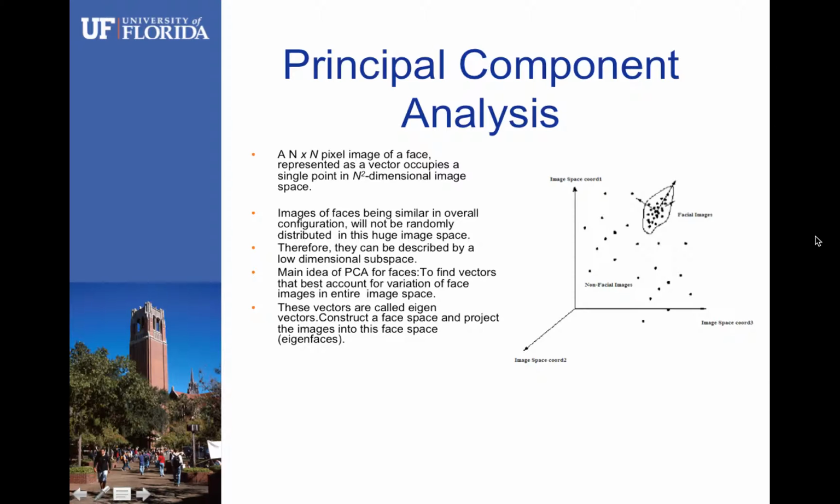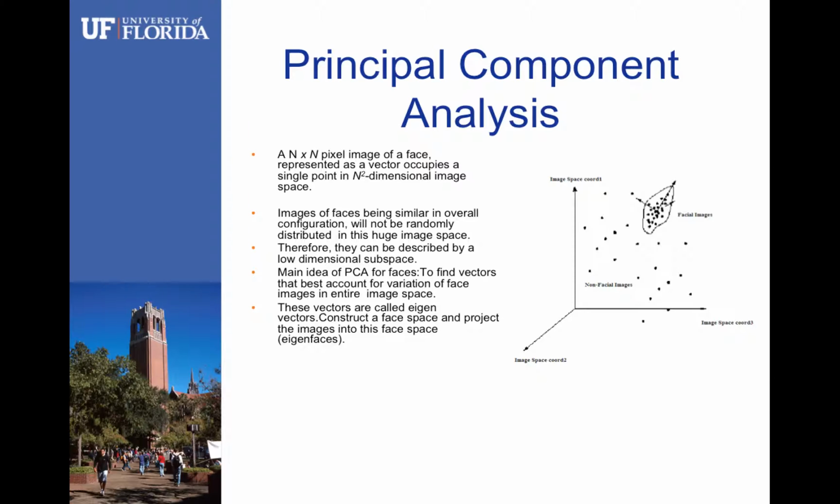Now let's see how PCA works for face recognition in detail. An n by n pixel image of a face is represented as a vector occupying a single point in n-squared dimension image space. Images of faces, being similar in overall configuration, will not be randomly distributed in the huge image space.